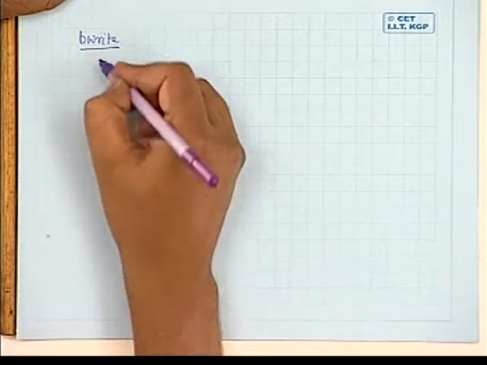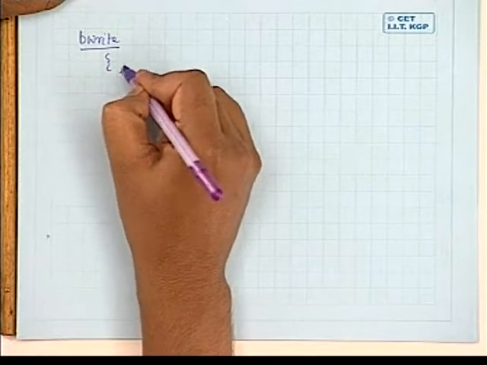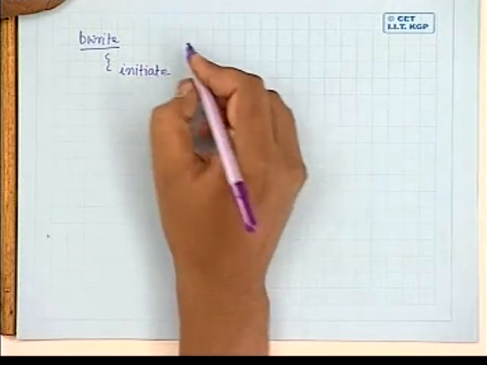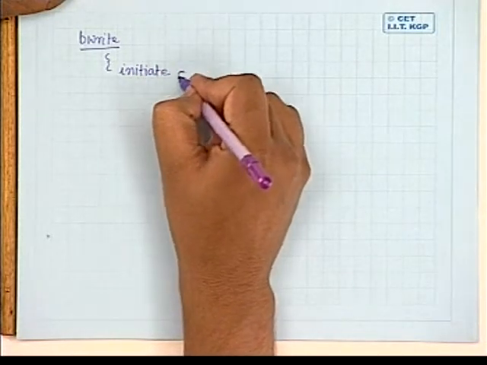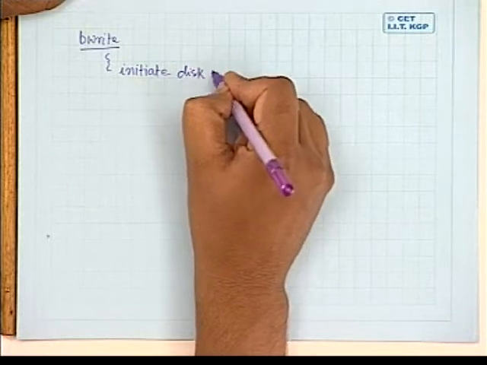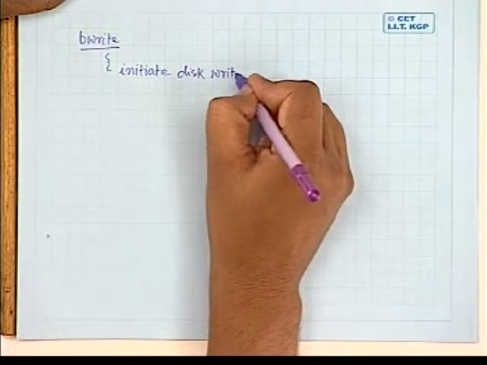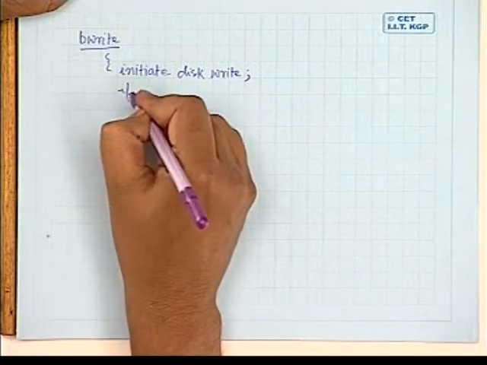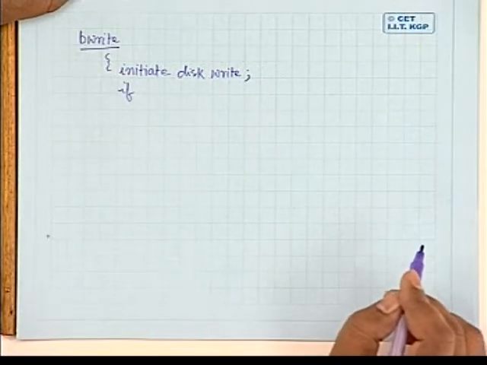In case of block write, what you have to do is simply initiate the disk write. Then you check whether this write operation is synchronous or asynchronous.